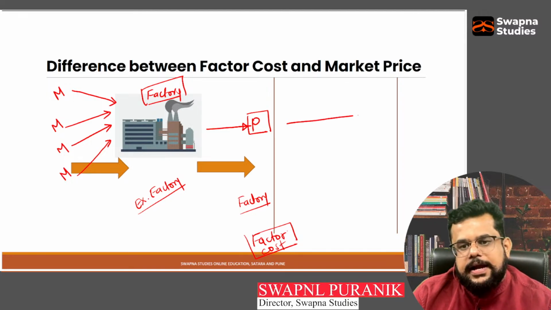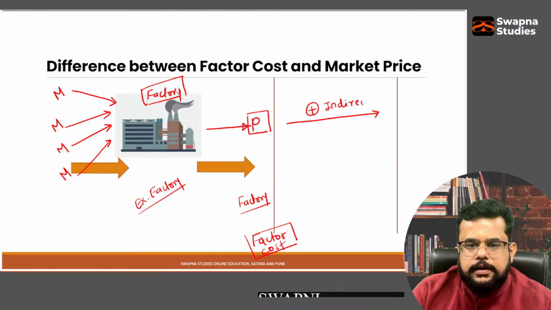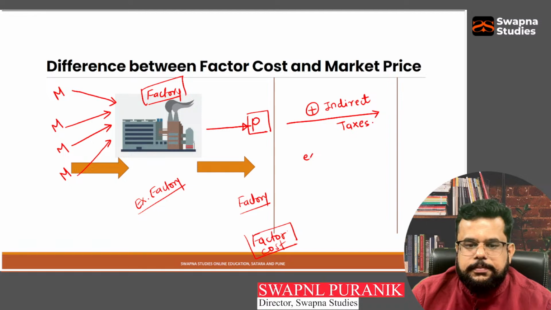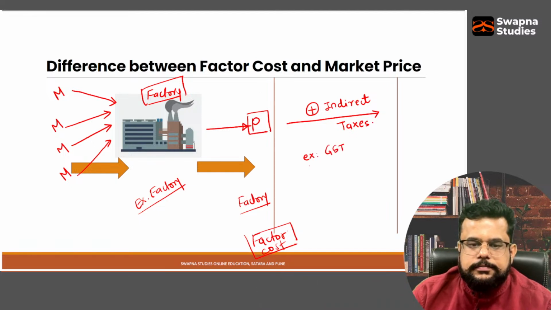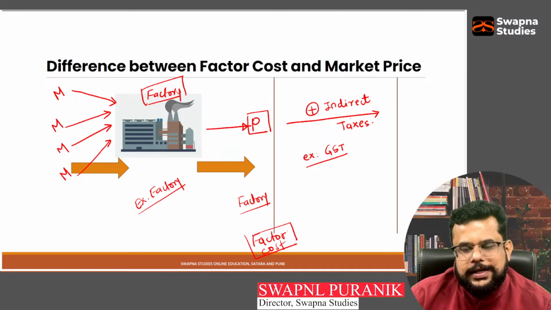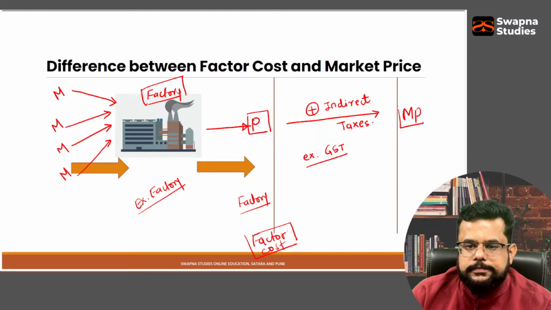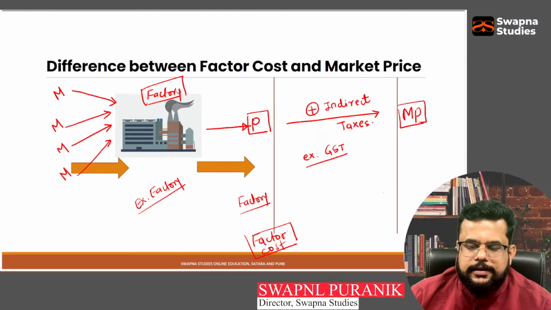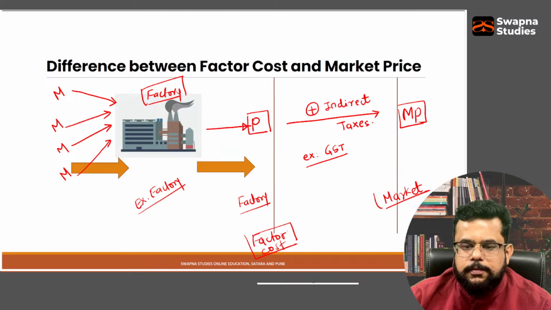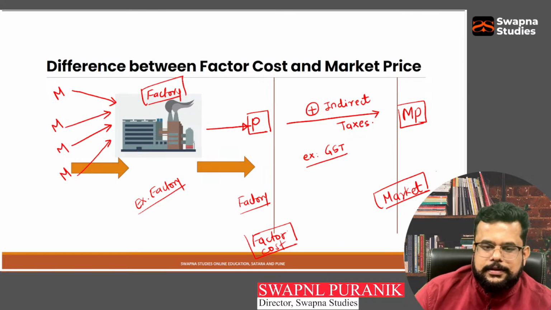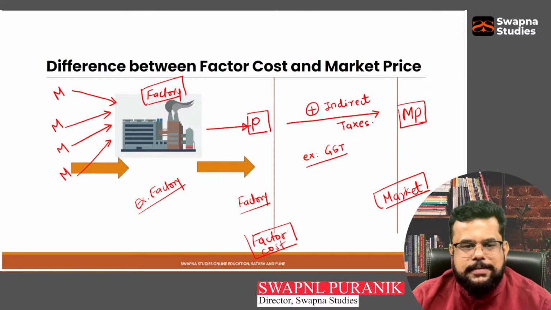And when we add all the indirect taxes, for example GST, then we get the market price of the product. That means whenever the product goes to the market, the price of the product is called the market price. And what is the difference between factor cost and market price?